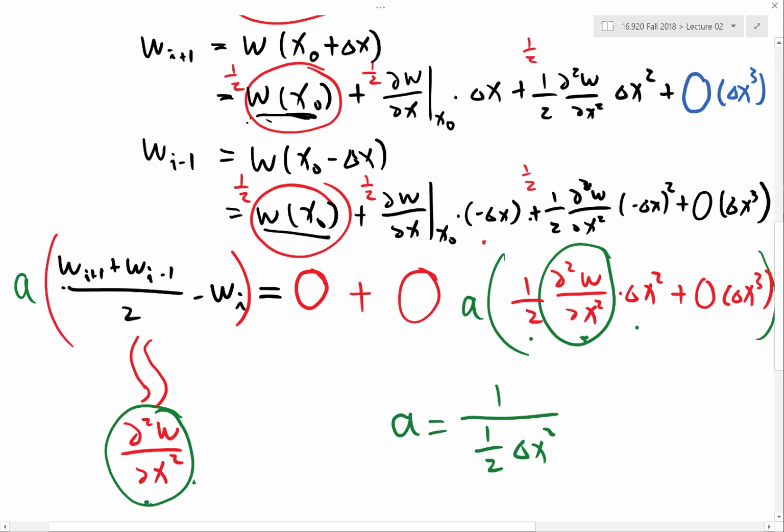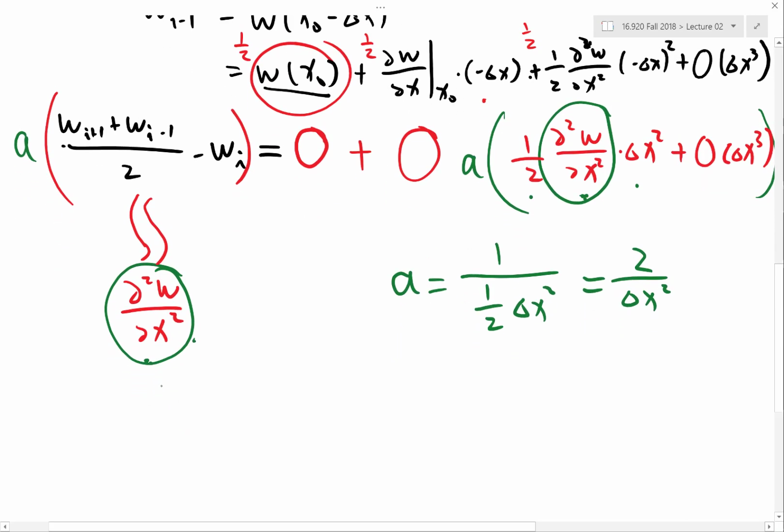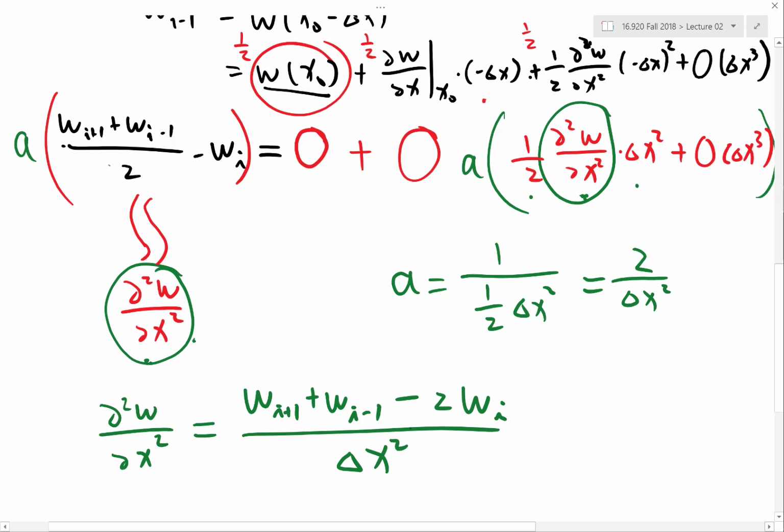That means a is equal to 2 over delta x squared. So we can approximate this with wi plus 1 plus wi minus 1 minus 2 wi, divided by delta x squared, cancelling the 2. I'm plugging this in here. There is a residual term, which is a times big O of delta x cubed.